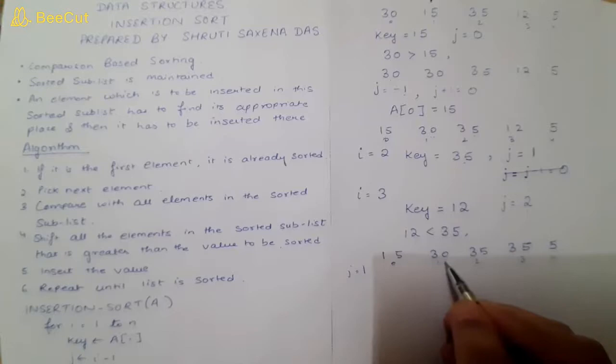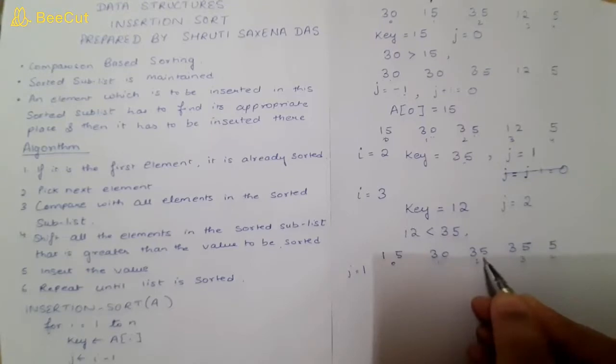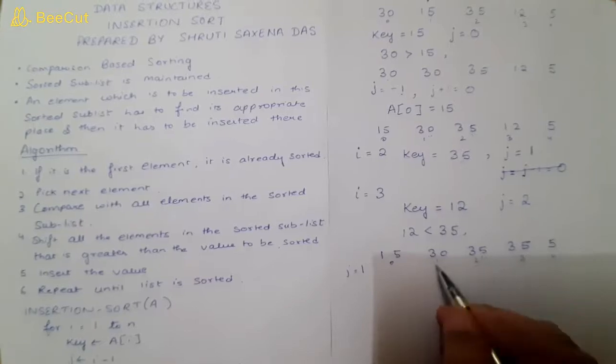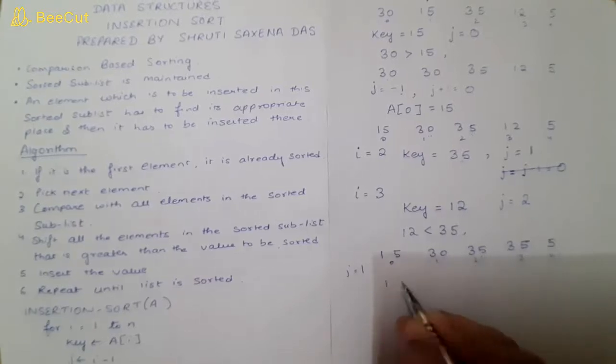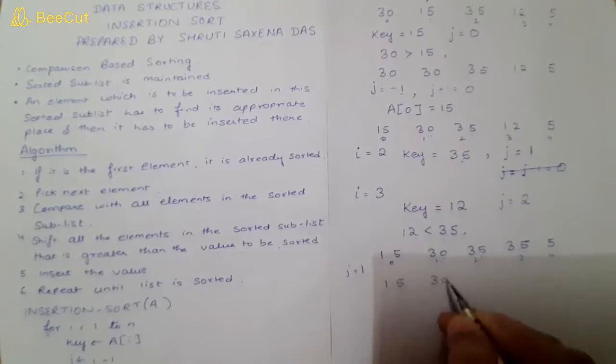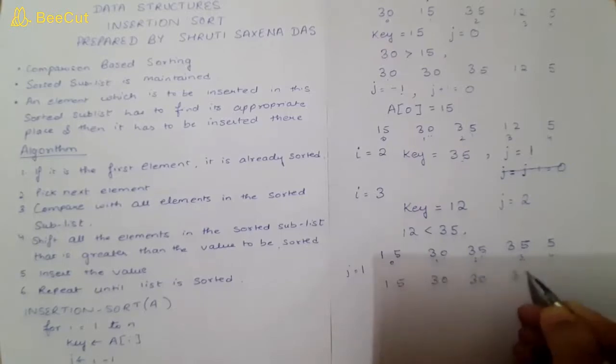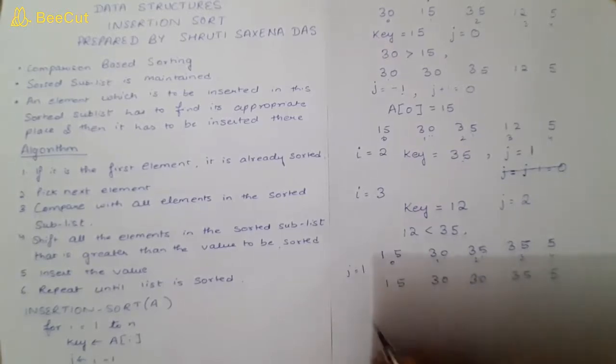So what we need to do, a of j should come in a of j plus 1. A of j plus 1 means a of 2. A of 2 is 35. So here at a of 2, what should come? A of j. A of j means 30 should come. So here it will be 15, 30, 30, 35, 5. Again, what do we have to do?